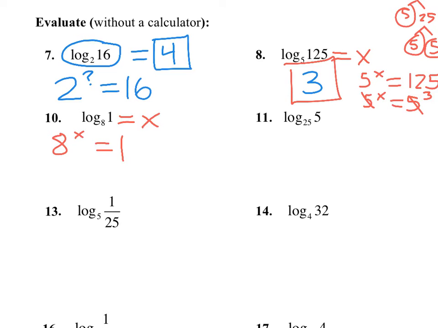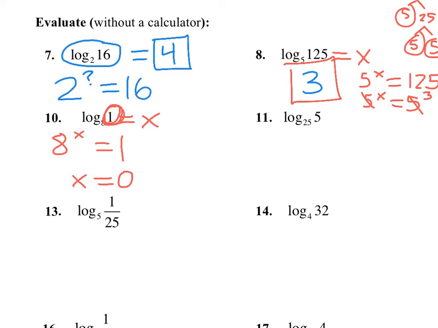We know that anything to the 0 power is 1. I should say anything except 0 to the 0 power is 1. 0 to the 0 is undefined. Anything else to the 0 power is 1. So the exponent that turns 8 into 1 is 0. Anytime you have a 1 here, the answer is going to be 0.